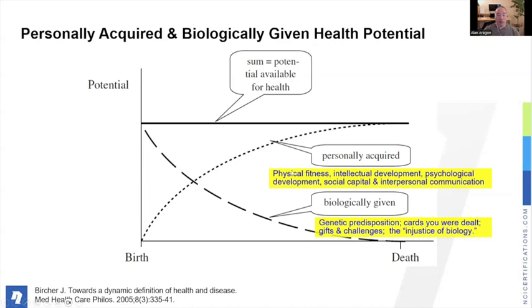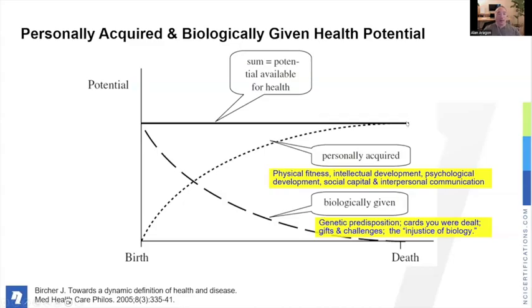Now, your personally acquired potential, which is things that you have control over gaining, starts just about zero at birth, and it can hypothetically continually increase with time, although it does tend to plateau out with folks at a certain point in the life cycle.